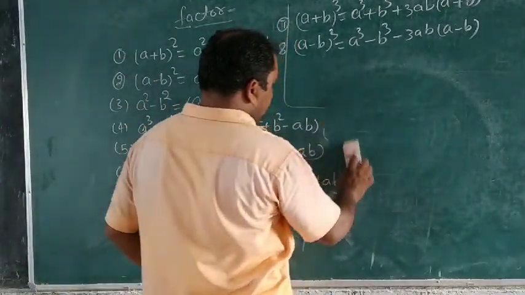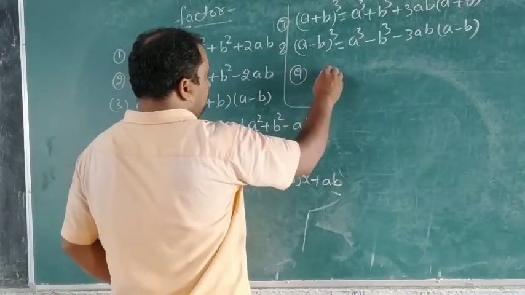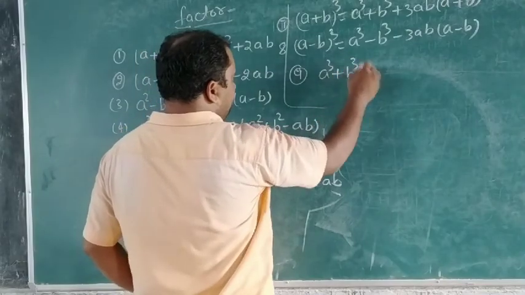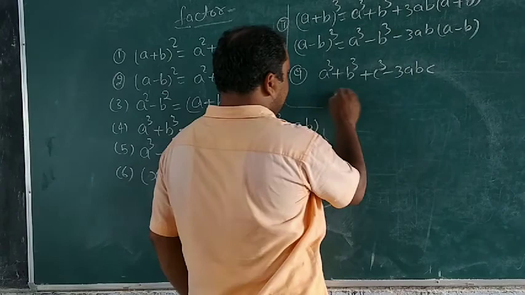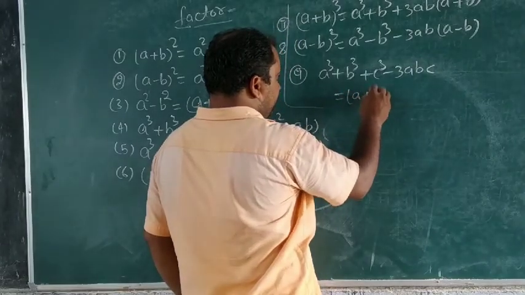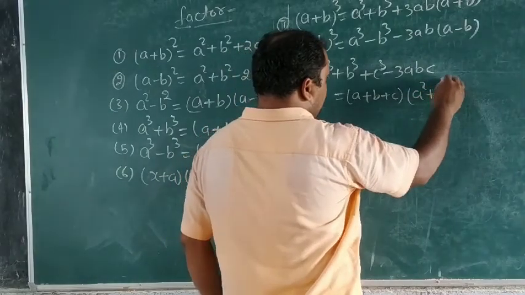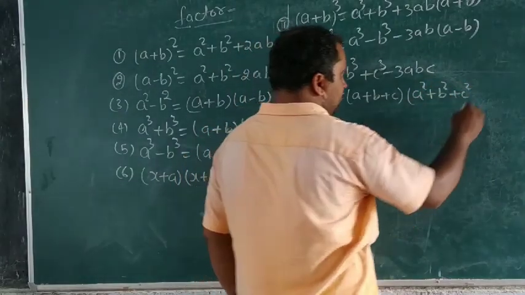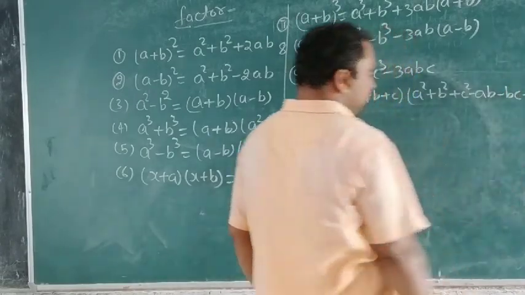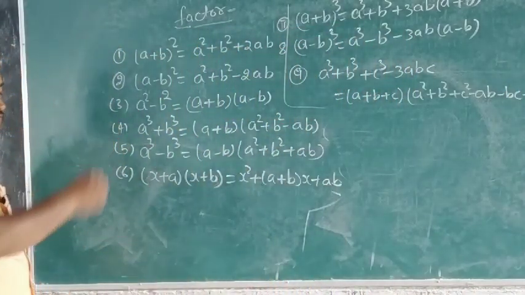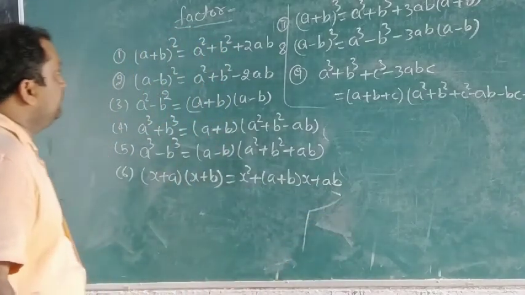And the ninth: a cube plus b cube plus c cube minus thrice abc. This will be equal to 1 bracket a plus b plus c, and the other bracket a square plus b square plus c square minus ab minus bc minus ca. This is the most important formula of the factors.